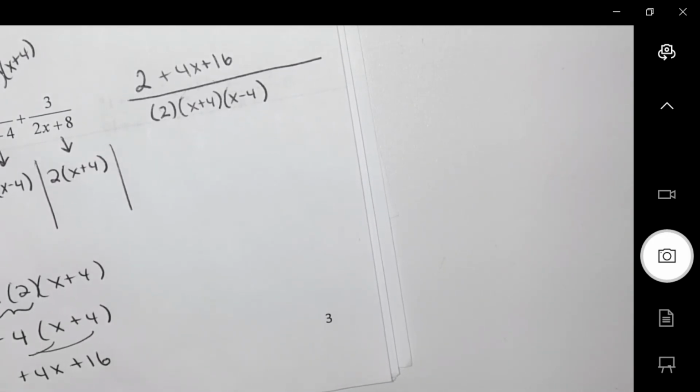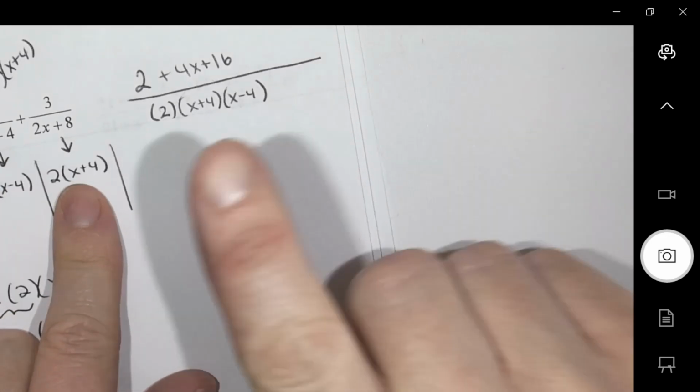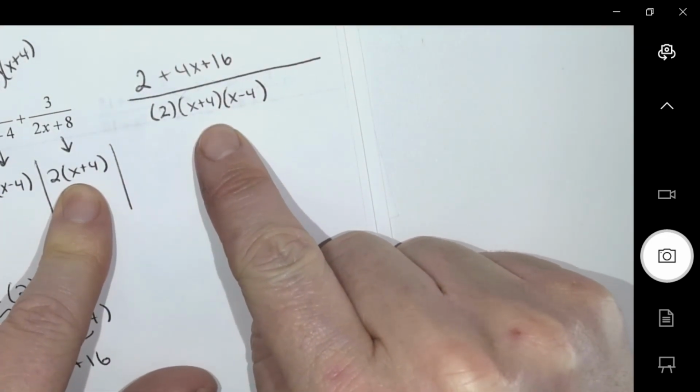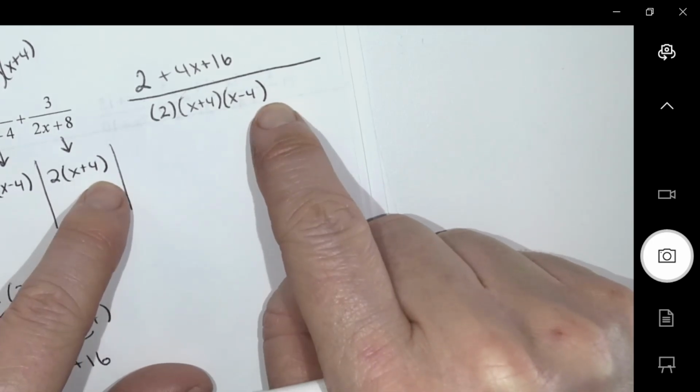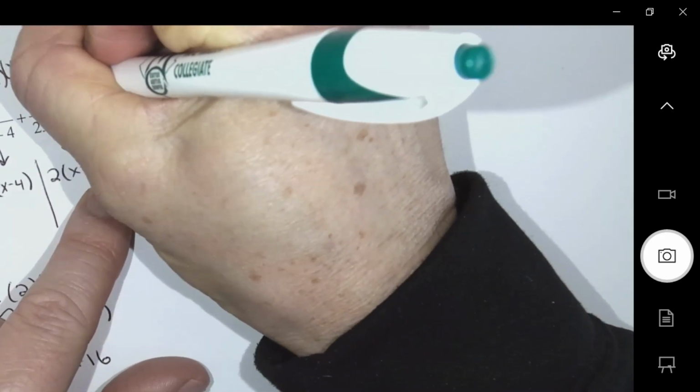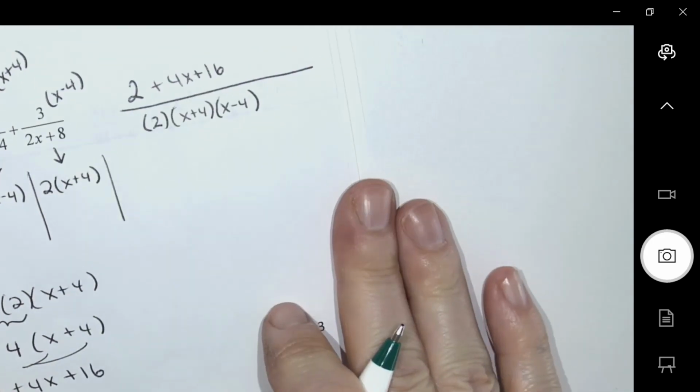Okay, the third fraction. Look at that, look at that. What happened? What's the change? X minus 4. So I'm going to do the changed part onto the top.